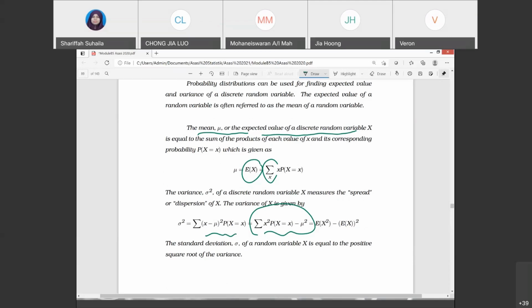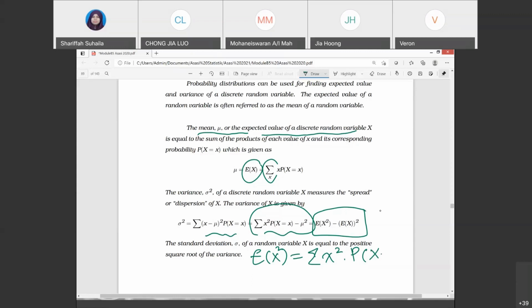But normally we use again this formula yang dah simplify, which is E(X square) minus (E(X)) squared. Saya tak tunjuk dia macam mana dia punya proving dia. E(X square) ni, E(X) kita dah tahu, summation X times probability. So E(X square) summation X square times probability.